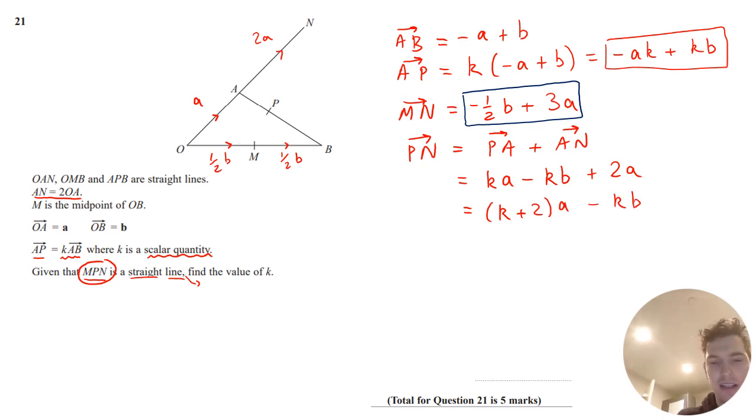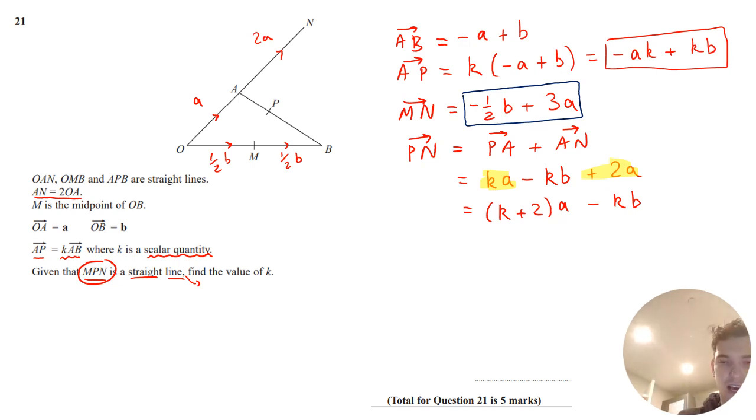Can you see what I did there? Let me highlight. I've grouped together the two parts of the vector that have an a in it, k and 2. And that's going to be really, really important later on.